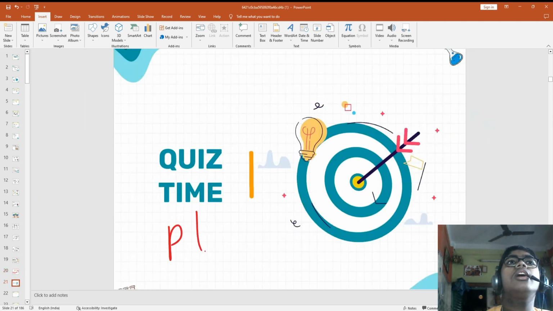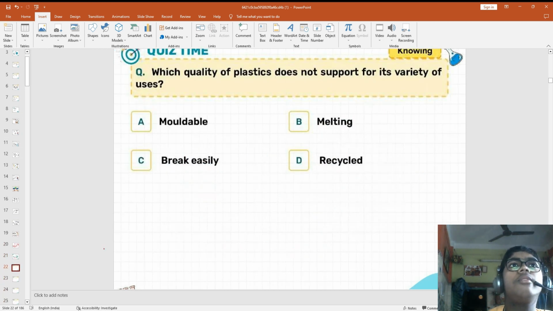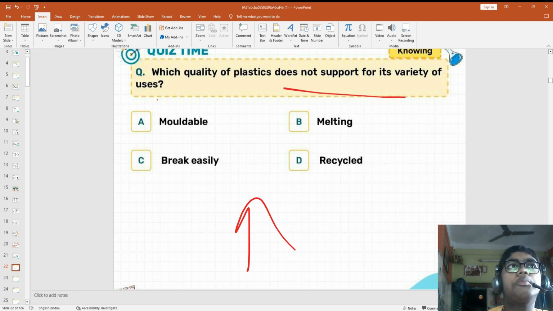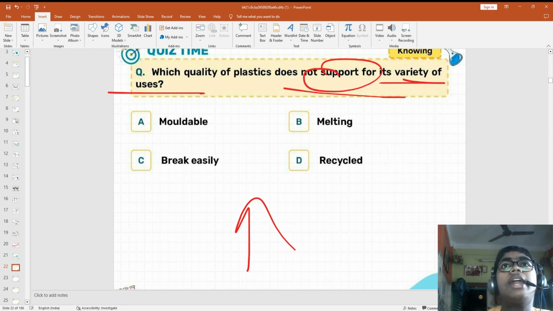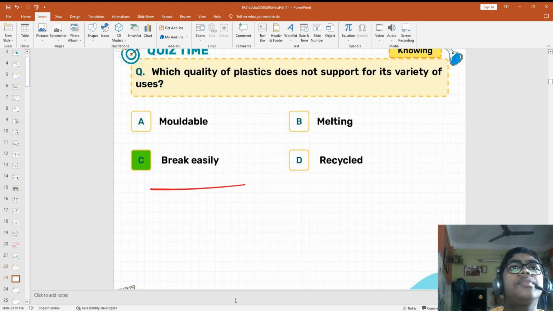Now let's have a little quiz on plastics. Which of the following qualities of plastic does not support a variety of uses? Which property is such that it cannot be used for many uses? Moldable, break easily, melting, recycle. Answer is break easily.